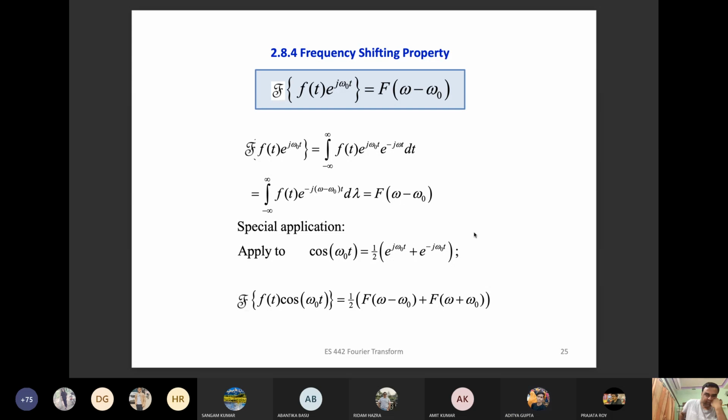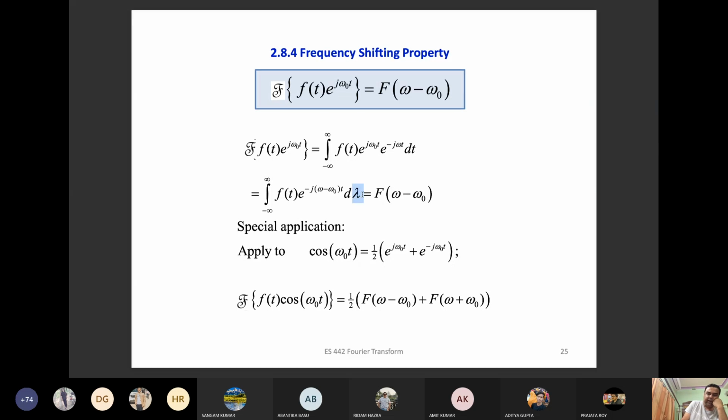Okay, so this is how you prove it. The Fourier transform of f(t) e^(jω0t) equals, by definition, the integral from minus infinity to plus infinity of f(t) e^(jω0t) e^(−jωt) dt, which equals the integral of f(t) e^(−j(ω − ω0)t) dt.